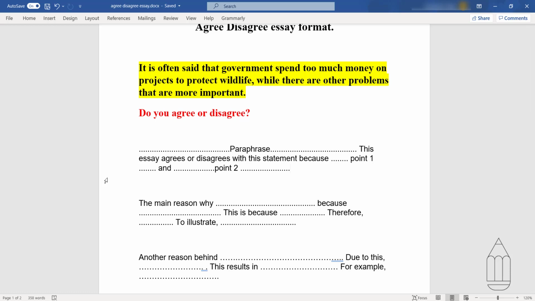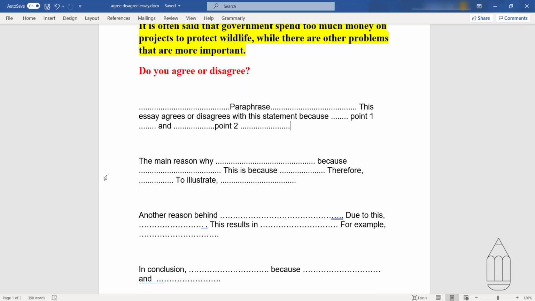You do not need to have very great ideas, but ideas should be relevant to the topic so that it puts an impression on the examiner's mind. After giving these 2 points, which will be discussed in detail in body paragraph 1 and body paragraph 2, at the last we are going to reiterate the first 2 points in the conclusion.